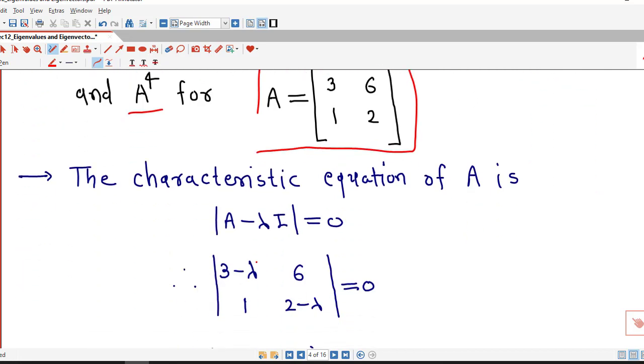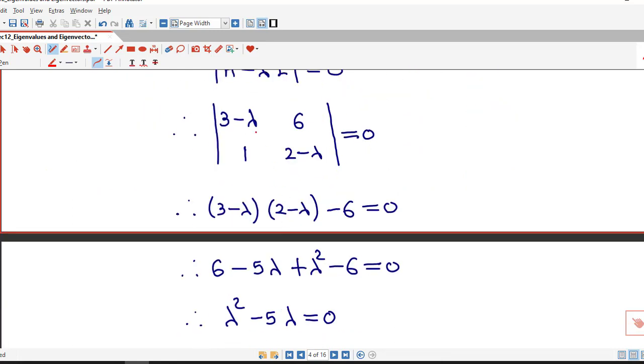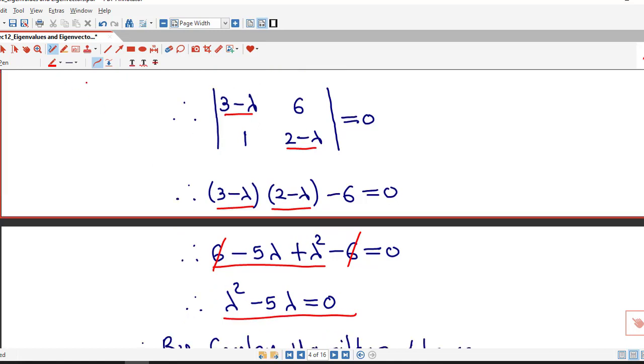So the characteristic equation is determinant of A minus lambda I equal to 0. So we subtract lambda from the diagonal, this 2 as it is, and if we simplify, this is 3 minus lambda times 2 minus lambda minus 6 equal to 0, and we multiply these two. So we can see that 6 will cancel out, and this is the characteristic equation of the given matrix.